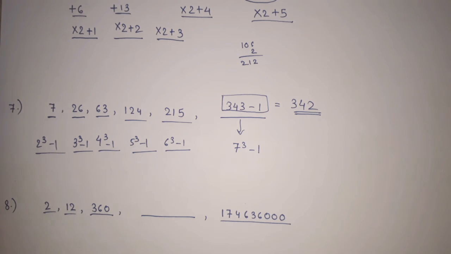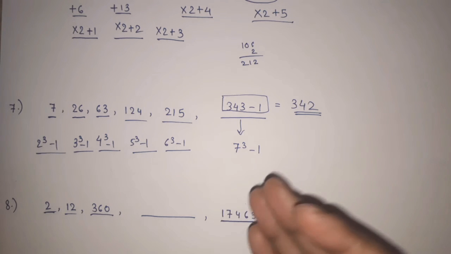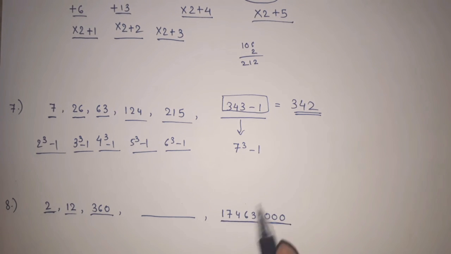Fine. In this way you have to observe that here we are starting with 2, but after just 3 numbers the number is so big. That means generally this type of series is the multiplication with cube or square of numbers. Then in those cases we can get this much big number.